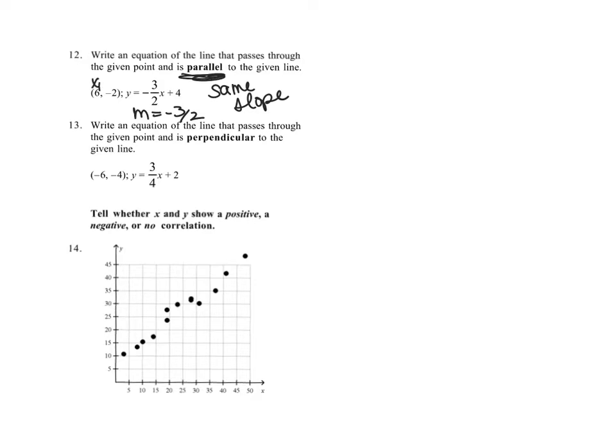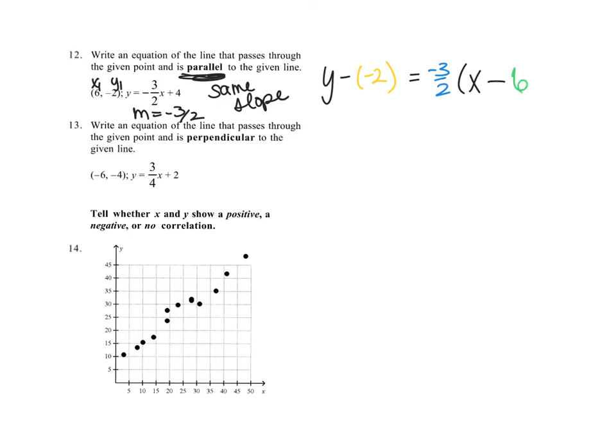And we can use our point slope form. Y minus negative 2 equals m, negative 3/2, times x minus 6.